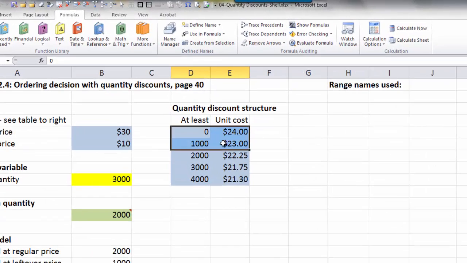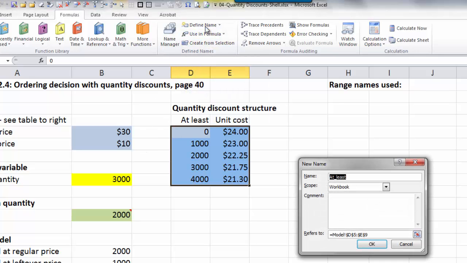So we need to set up a VLOOKUP formula for this, and this is the lookup table. Let's give a name to this lookup table. Since the name is not given as a label, you have to use Define Name and say cost lookup table.